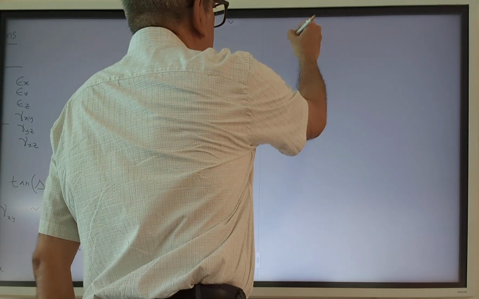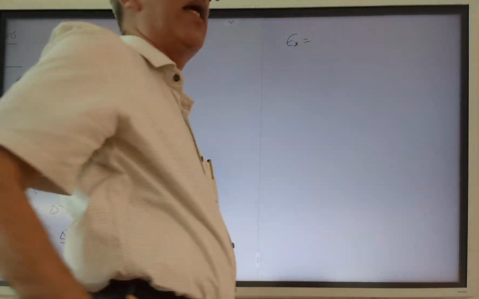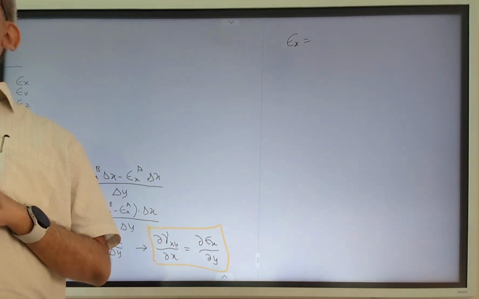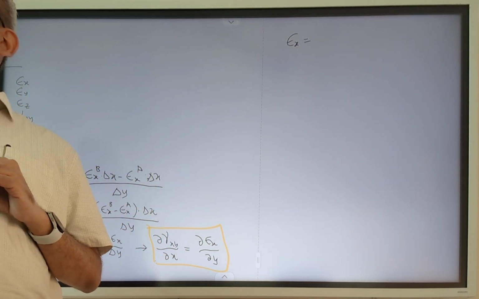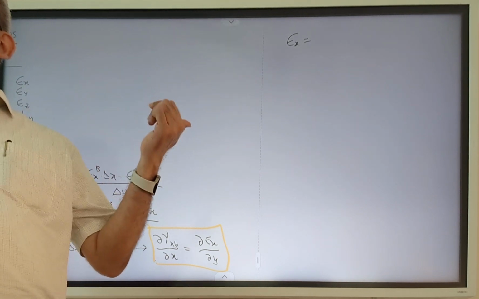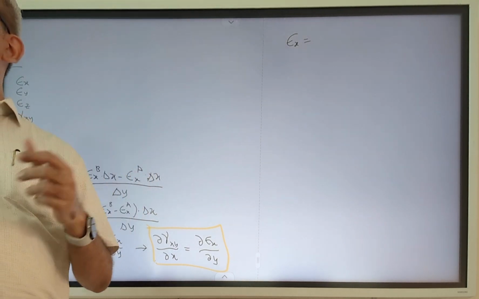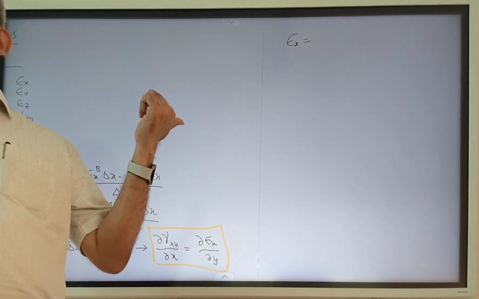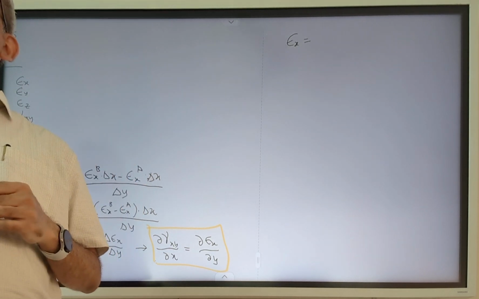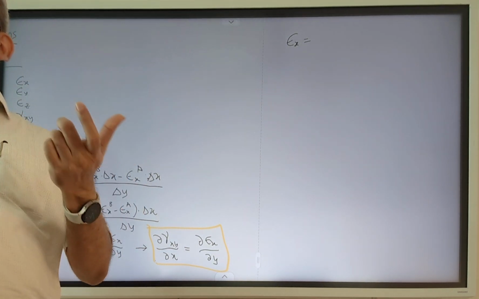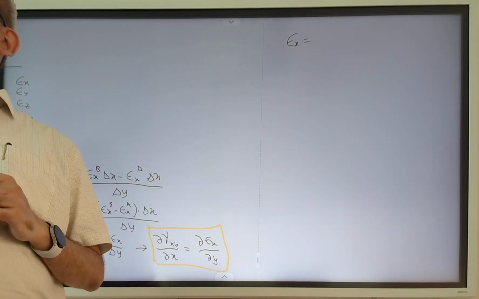I will start with the definition of epsilon x. How is epsilon x defined in terms of displacement, in terms of ux, uy, uz, where ux, uy, uz are the displacements at a point?